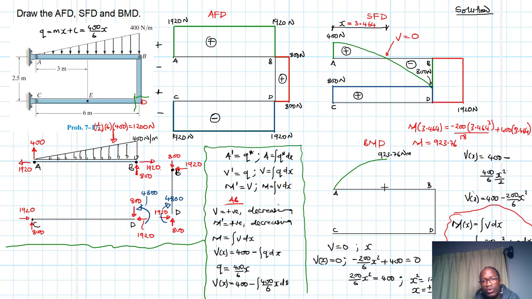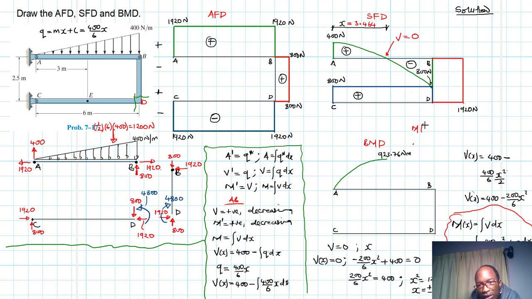So when we reach that point, we need to go to B. Of course, we know it's going to close. From the maximum point, let's find the moment. It's supposed to give us a 0, this equation. If it doesn't give us a 0, then there's something wrong, right? So let's find the final value at the end. Let's plug in the final value of x, which is just 6, and it's supposed to give us 0.